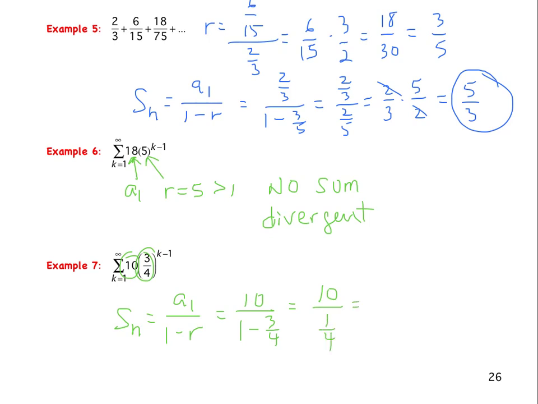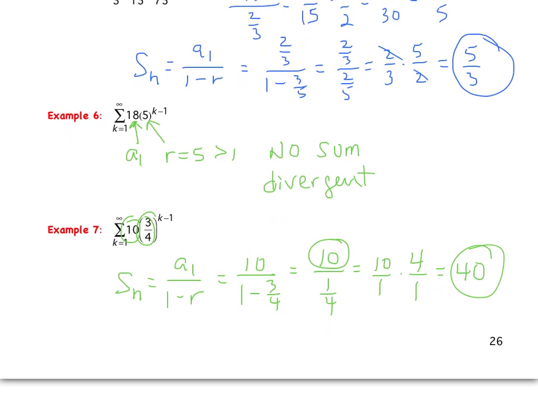If I take my numerator of 10, that's 10 over 1, multiply by the reciprocal of the denominator, and I'm going to end up with 40. So our series here is approaching a sum of 40.